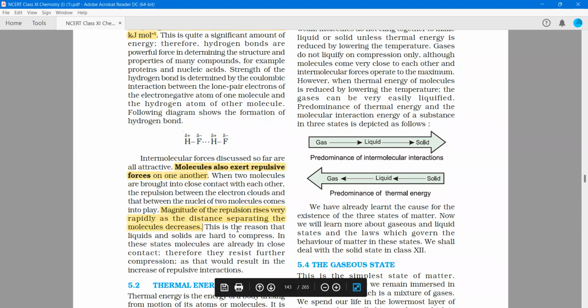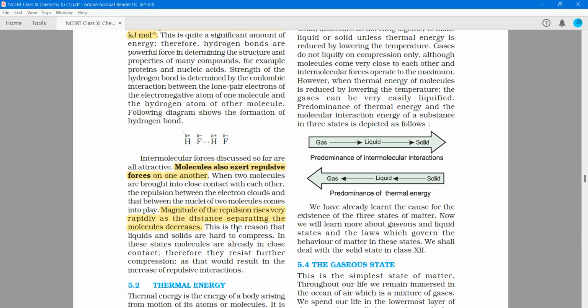In that case you have atoms very close to each other, and if you try to make the atoms even closer, we know that all the atoms are shielded by various electrons, so the nucleus is in between, right?